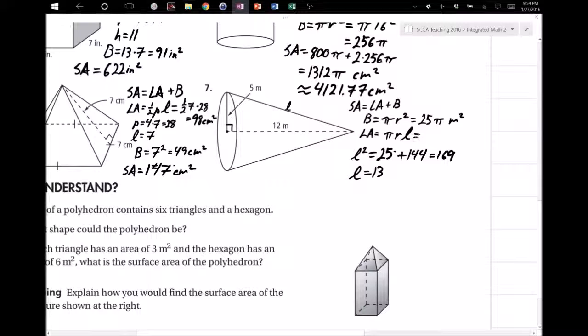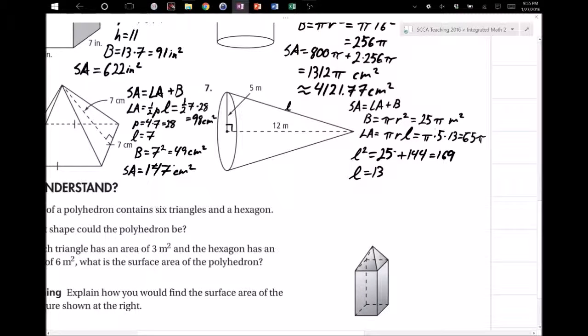So coming back up here, I have pi times 5 times 13, which gives me 65 pi.